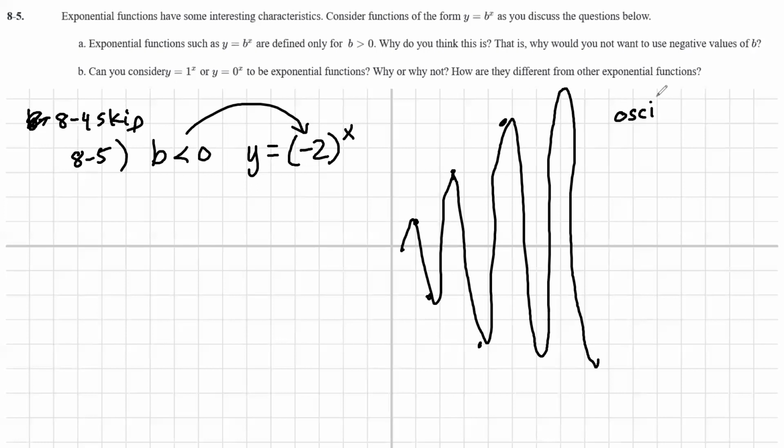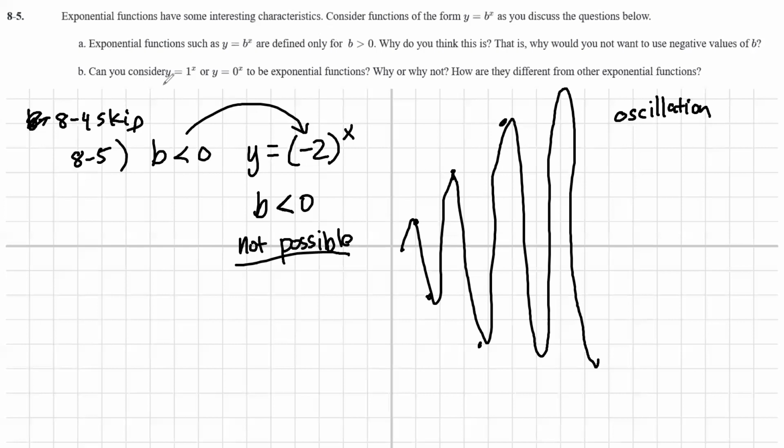We do have times that we have oscillating graphs, but this oscillation is increasing, which, maybe you could have, but we just don't do that. So b can never be negative. I'm going to put not possible. I mean, maybe it is possible, but we don't really use this. b cannot be less than 0. Not possible.